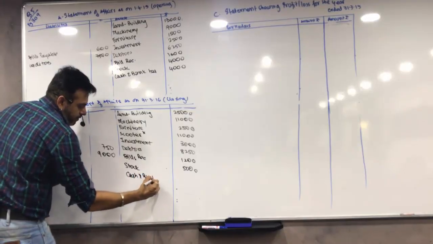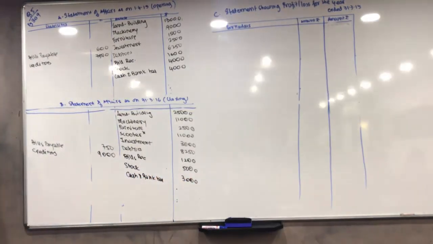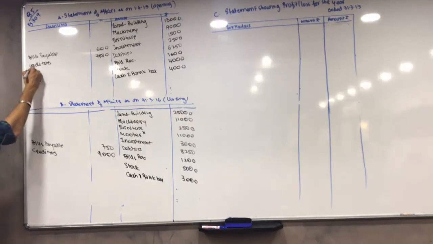Cash and bank balance, 3,000. Oh sorry, loan from bank, 5,000.